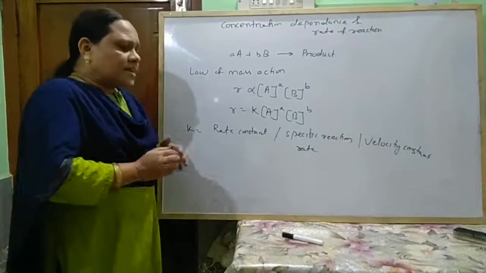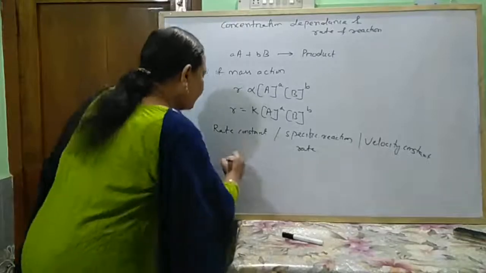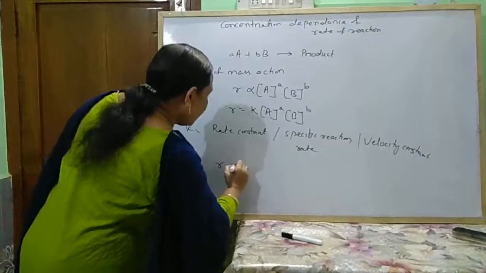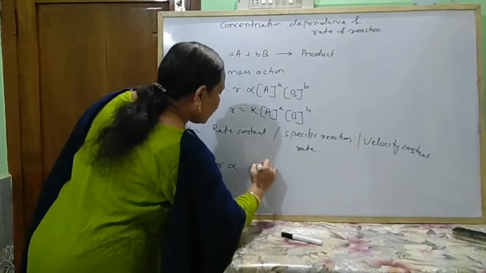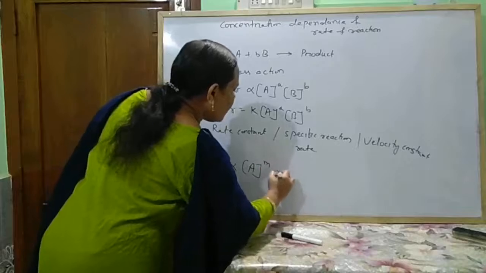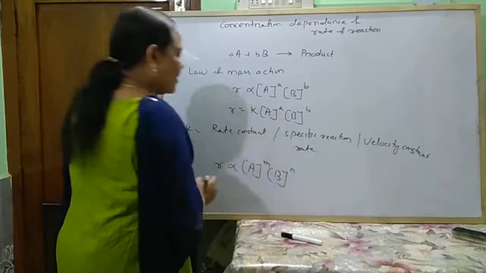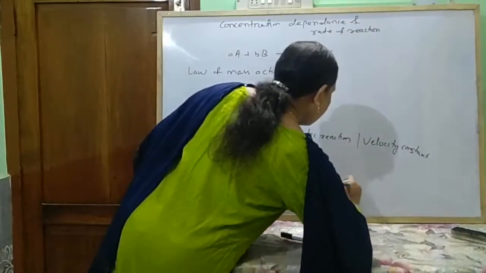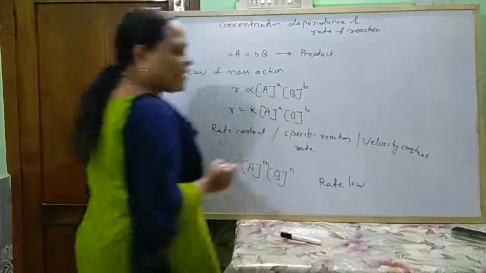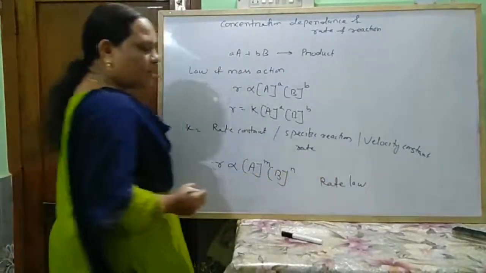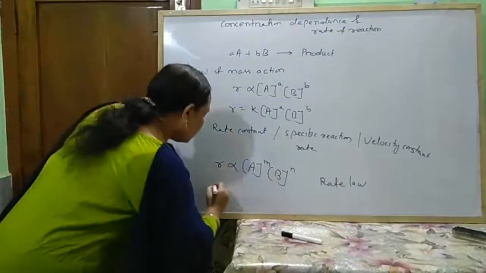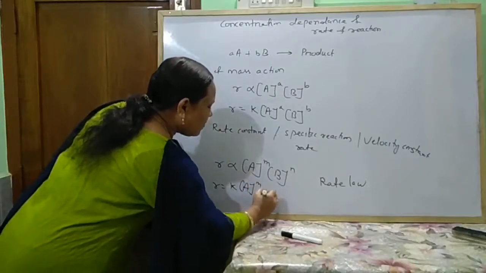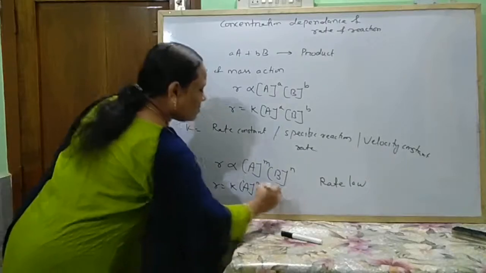So according to this practical phenomenon, what we can write, suppose the reaction is aA plus bB gives rise to products, then R is proportional to [A]^m [B]^n, and this expression is known as the rate law expression. R is proportional to, or R equals k [A]^m [B]^n.